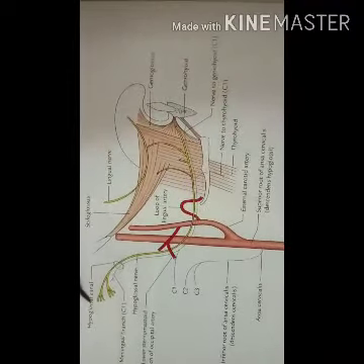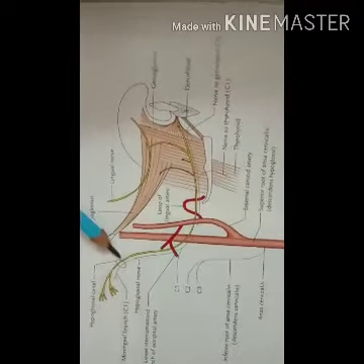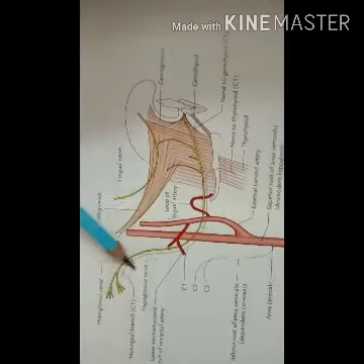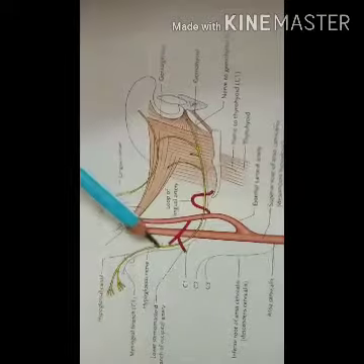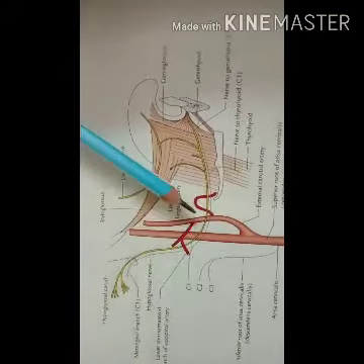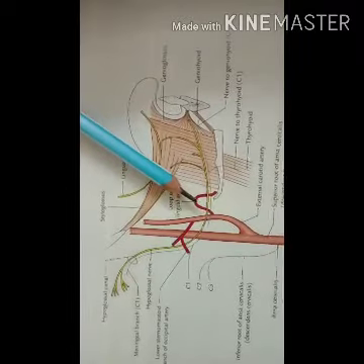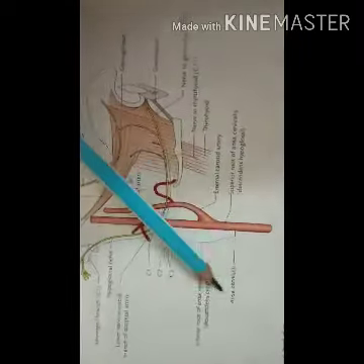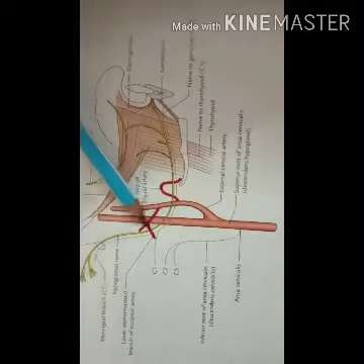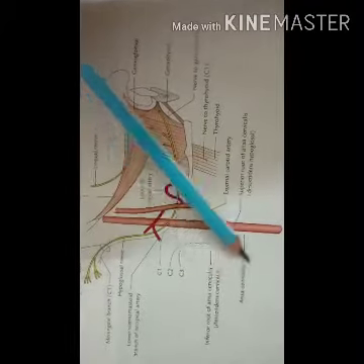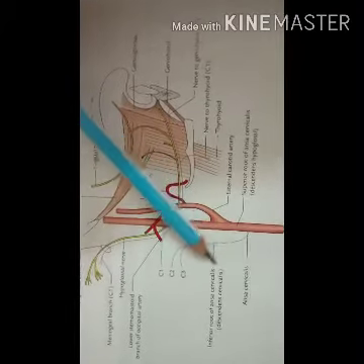It comes out through the hypoglossal canal, taking a recurrent course, and enters the cranial cavity through the hypoglossal canal. The second one descends along the hypoglossus, forming the upper root of the ansa cervicalis. Here you can see it descends downwards as one branch, forming the ansa cervicalis.